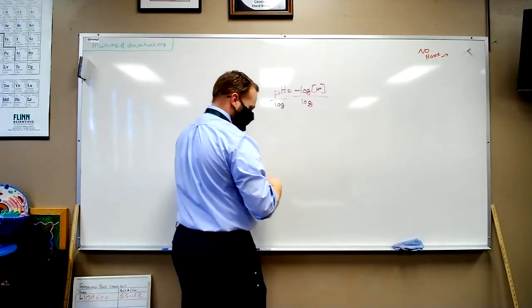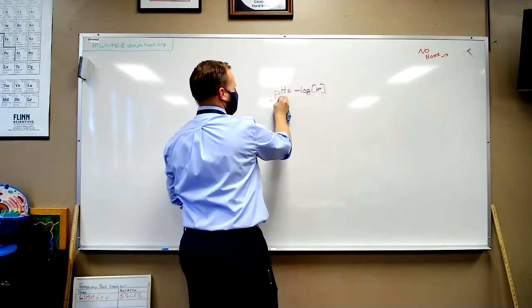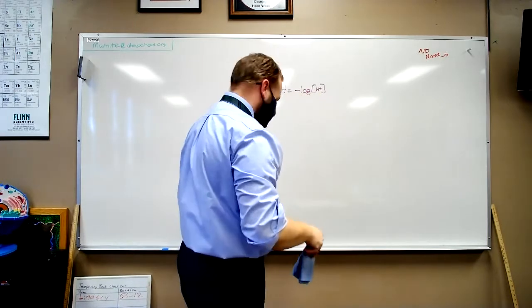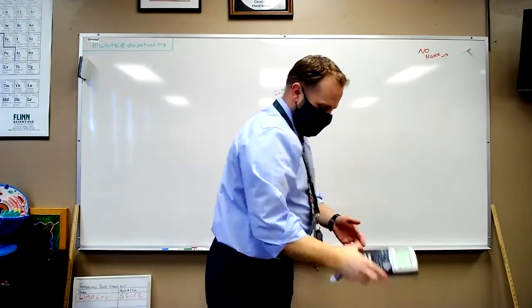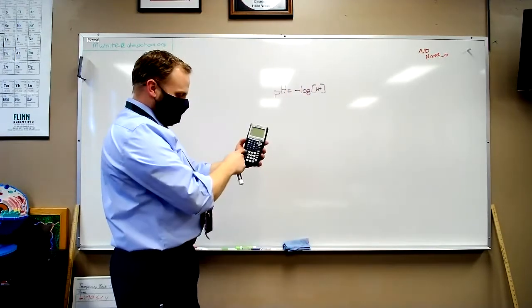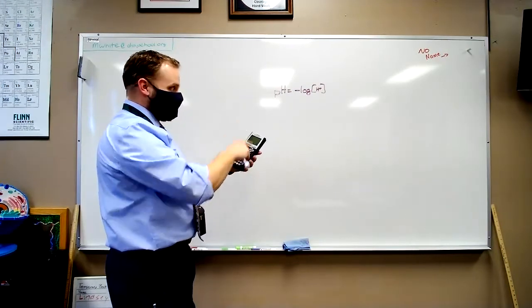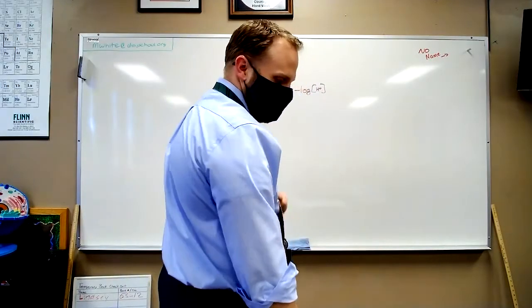You can't do that. Logarithm is its own function. There is a way to get rid of that log, which we'll go over in just a little bit. But really, you find the log button on this calculator. It's right there. Push that, put whatever number you need to put in, concentration, and it gives you the answer.